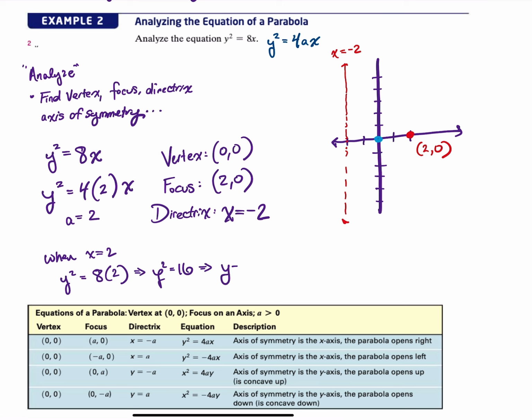That means that y should be plus or minus 4, meaning we should go up 4 units from this focus point. 1, 2, 3, 4. And down 4 units. 1, 2, 3, 4. So we got some additional points. I can label this. This would be 2, 4, and 2, -4.